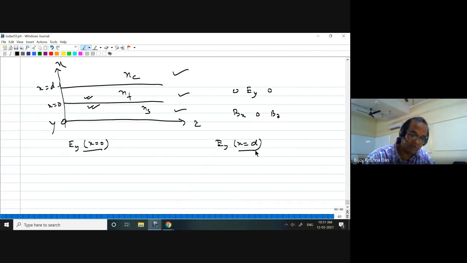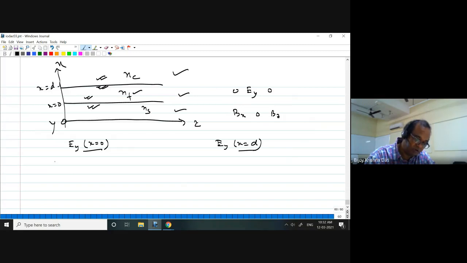And at x equal to d, I also have two solutions, inside the core and outside. If I put x equal to d in these two solutions, whatever I get from this equation and from that equation will be equal, right?